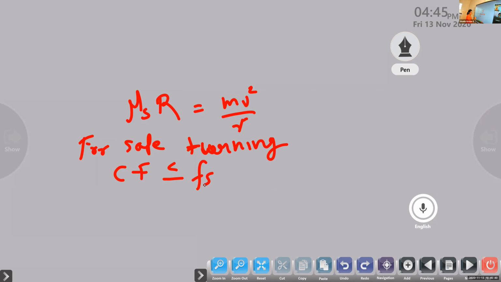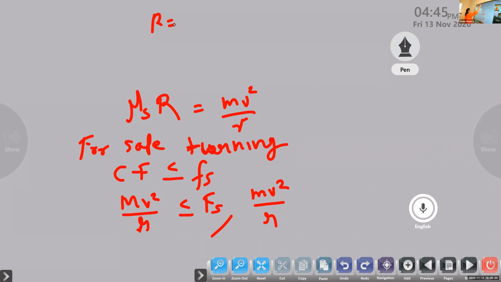Thus we can write mv squared by r is less than or equal to Fs, and instead of that we can write it in terms of mu_s R. Comparing both equations, the first equation we have written is R is equal to mg.